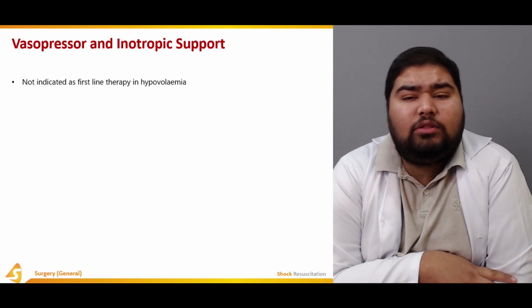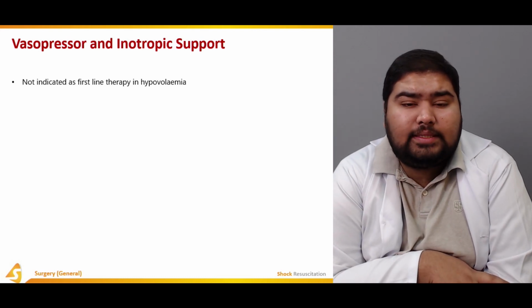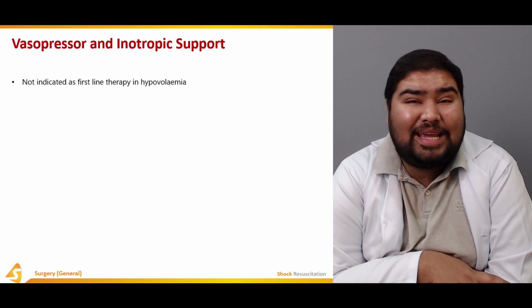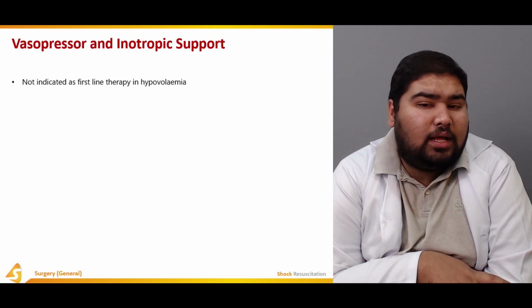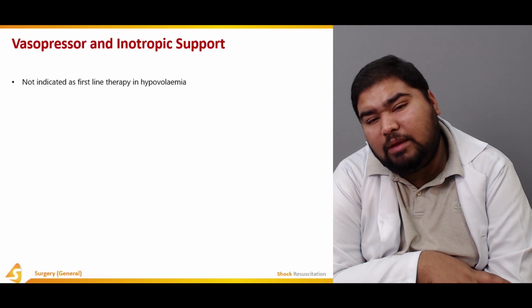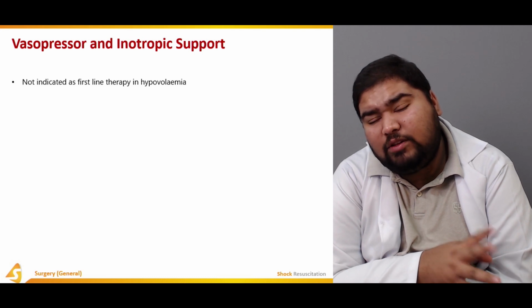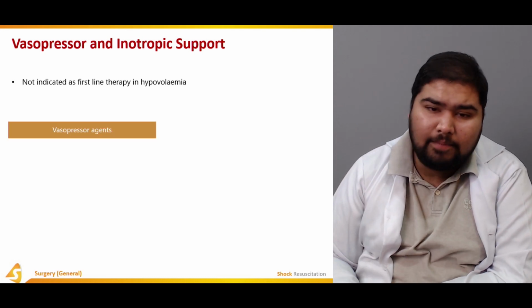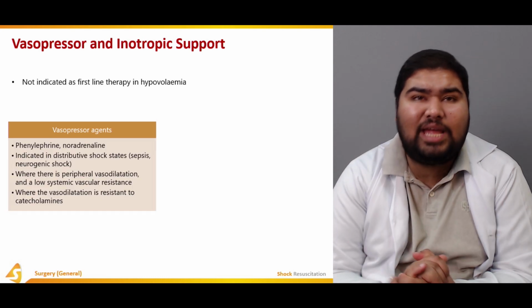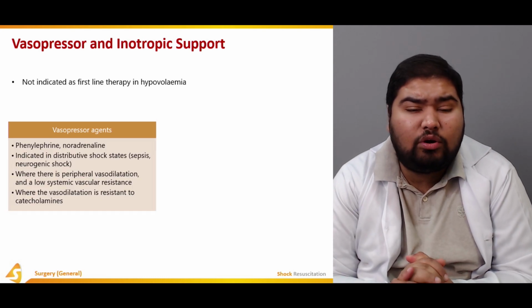Now let's talk about the vasopressors and the inotropic support. So they're not indicated as a first line therapy in hypovolemia. Sometimes they're helpful, sometimes they're not. Let's see. The vasopressor agents include the phenylephrine and noradrenaline.